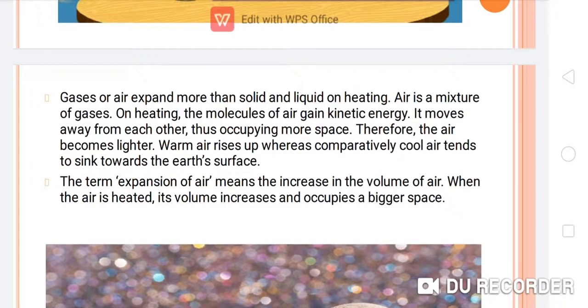Warm air rises up, whereas comparatively cool air tends to sink towards the Earth's surface. The term expansion of air means the increase in the volume of air. When air is heated, its volume increases and it occupies a bigger space. So this was the conclusion for this activity.